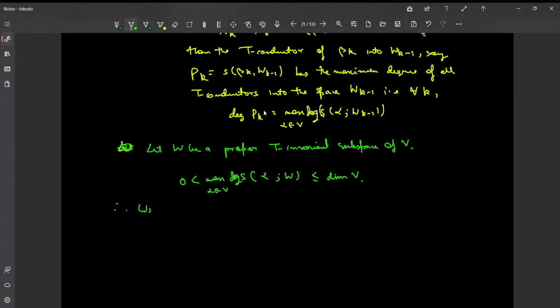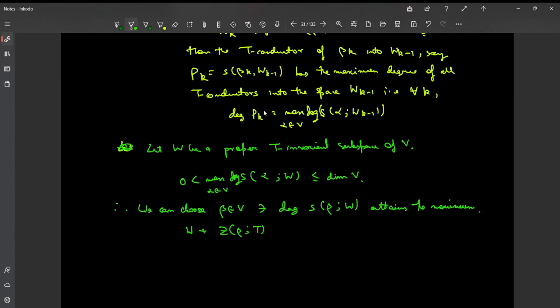Therefore, we can choose a vector beta from V such that the degree of the T conductor of beta into W attains the maximum. Clear? If beta is that vector, then what can we say about this space W plus the T cyclic subspace generated by beta?